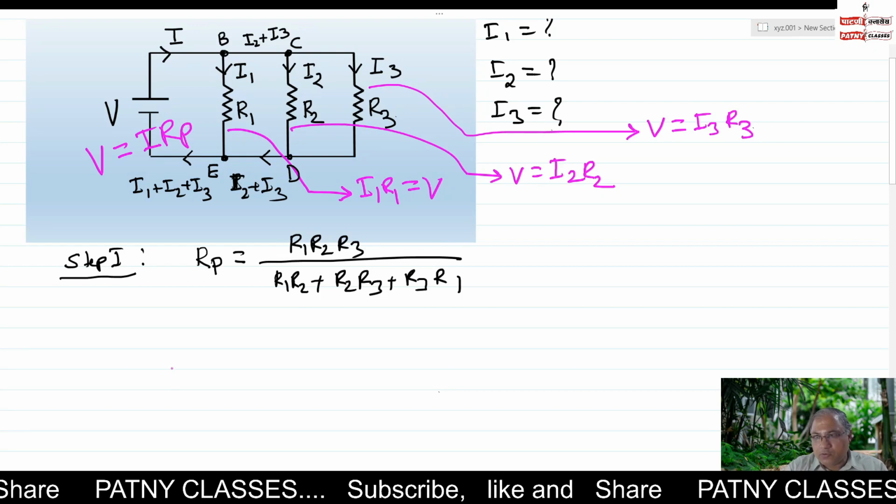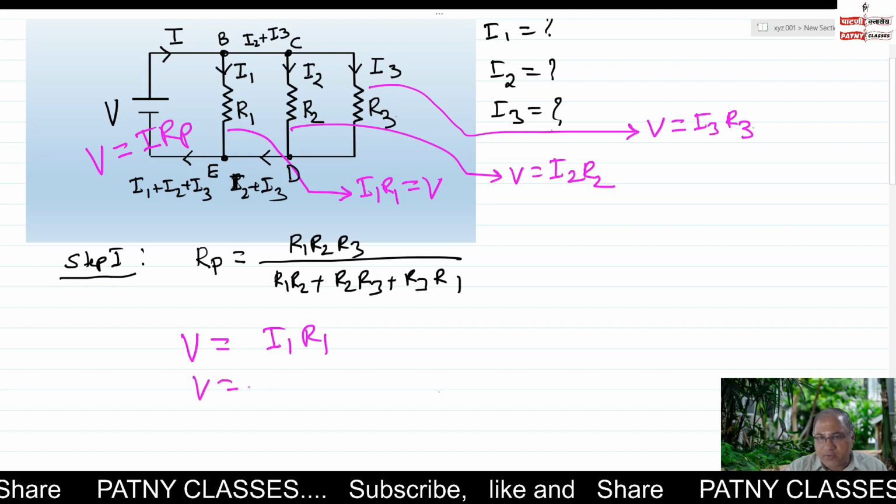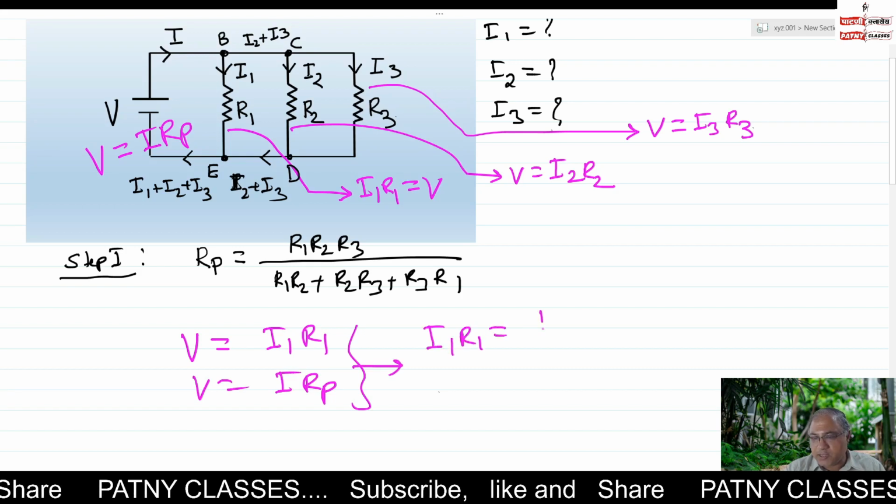Now, as we did in the case of two resistors in parallel, we adopt the same idea for three resistors in parallel. That is, V equals I1 R1 and V equals I into Rp. From this, we get I1 R1 equals I into Rp.